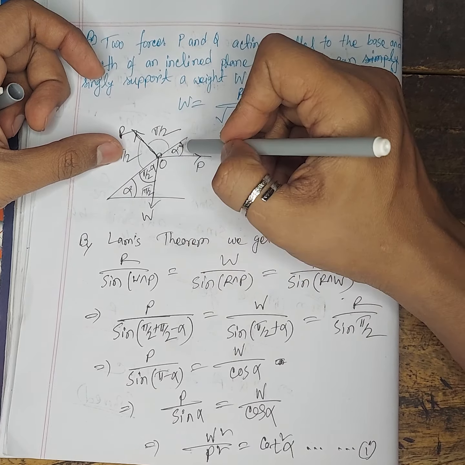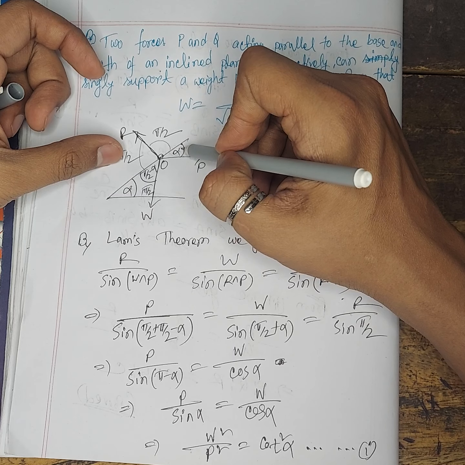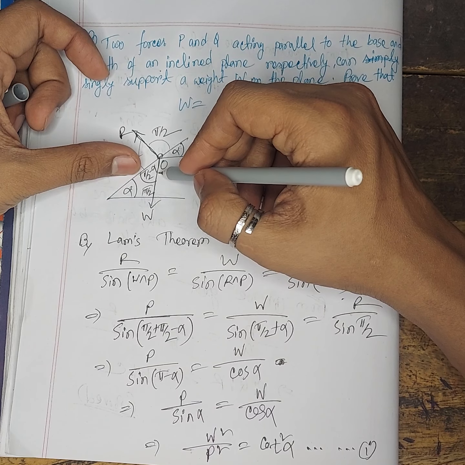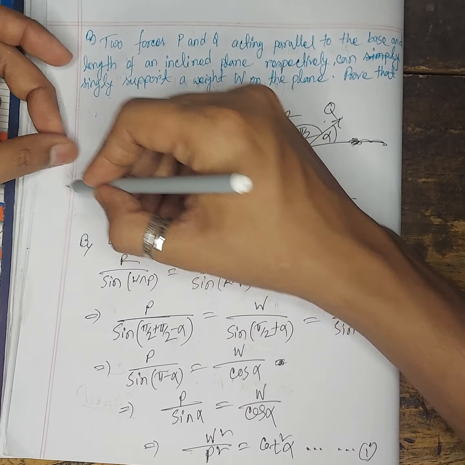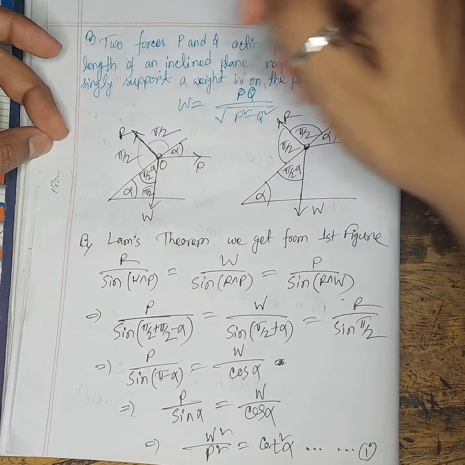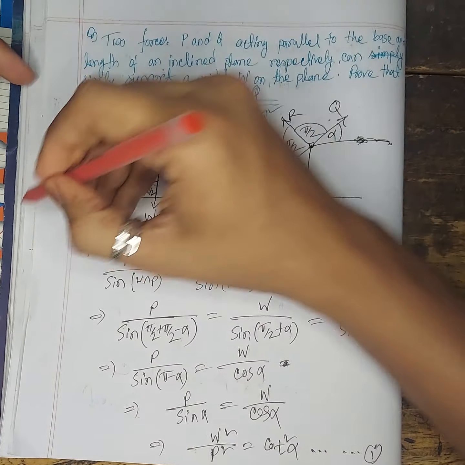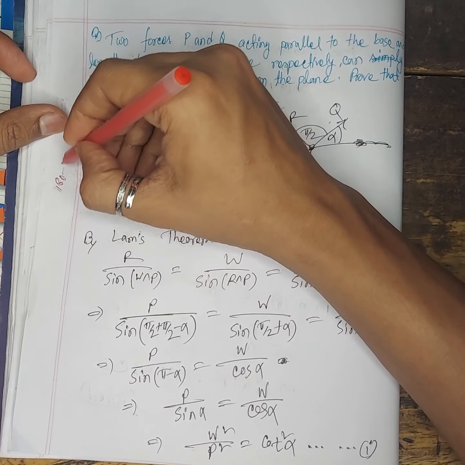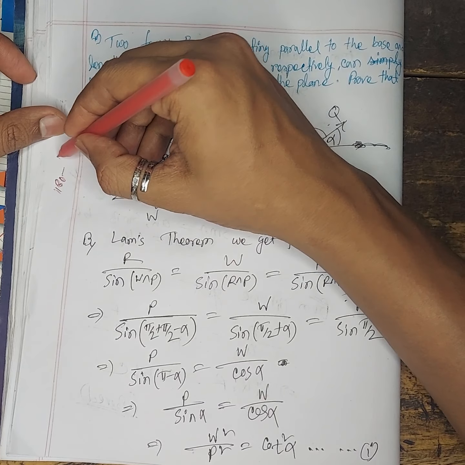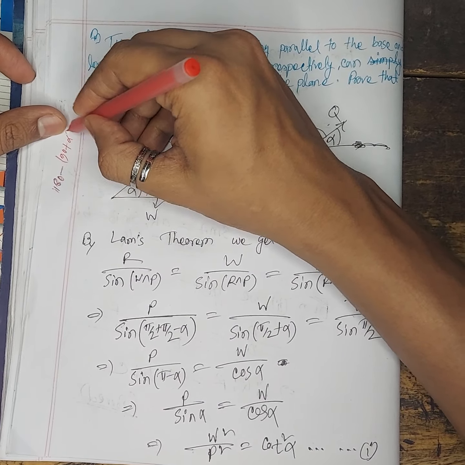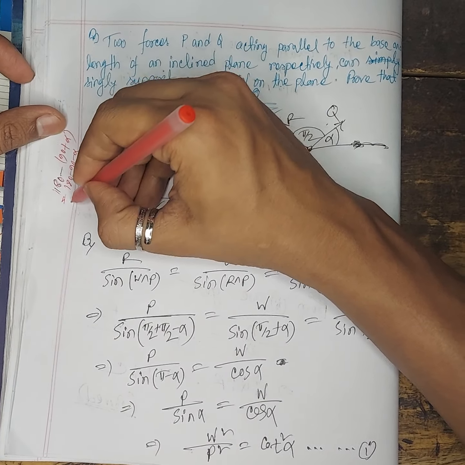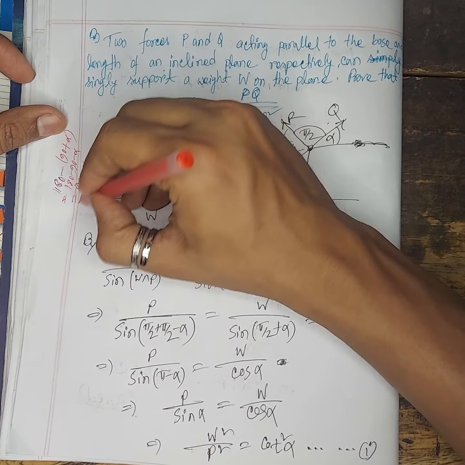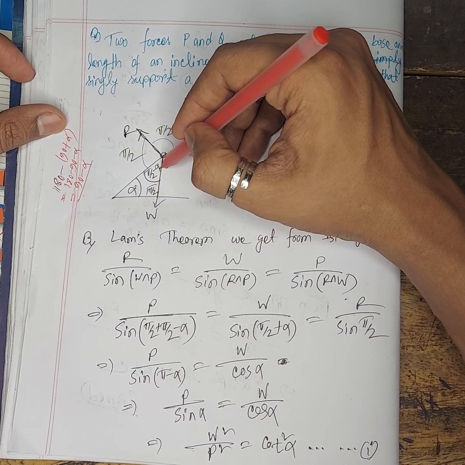Since this is alpha, this will be alpha also. Since this is 90 degrees, this angle will be 180 degrees minus 90 degrees plus alpha. That means 180 minus 90 minus alpha, that means 90 minus alpha. That's how it becomes pi by 2 minus alpha, this angle.